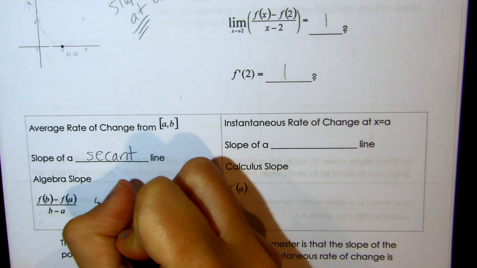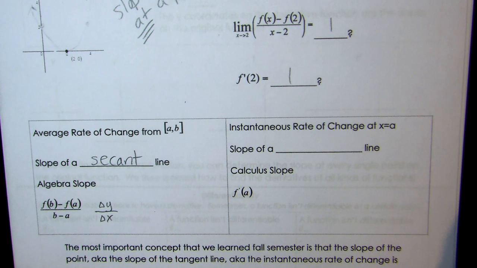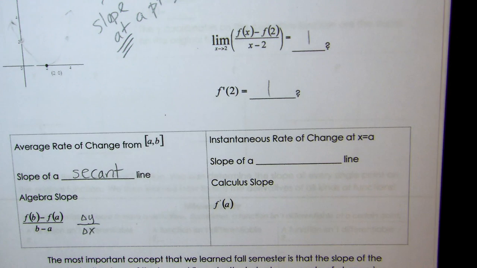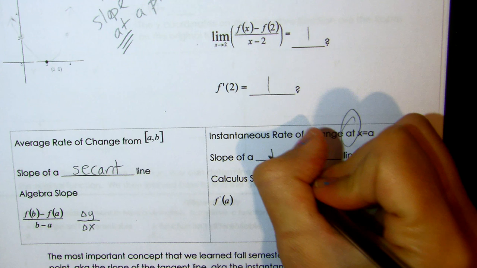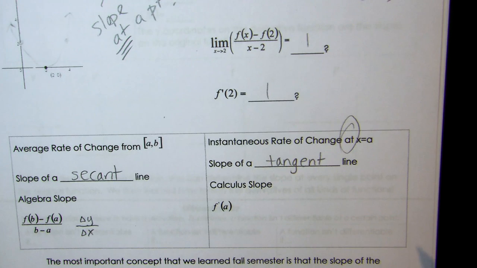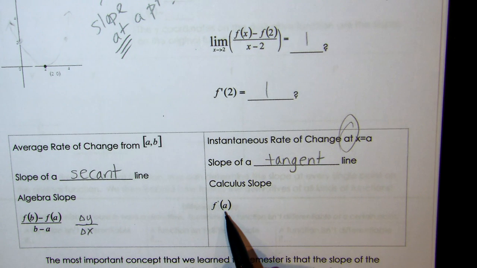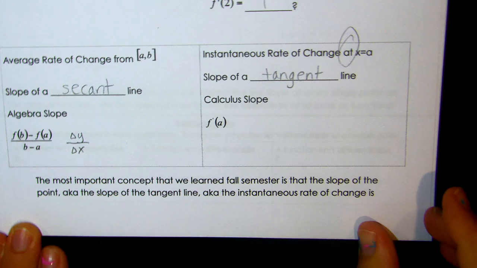You literally use your change of y's over change of x's, y2 minus y1 over x2 minus x1 formula from way back when. Instantaneous rate of change, and look for the word at, is your tangent line, and the slope of the tangent line is the slope of the function at a point. This is a calculus slope, and we use derivatives to find this.